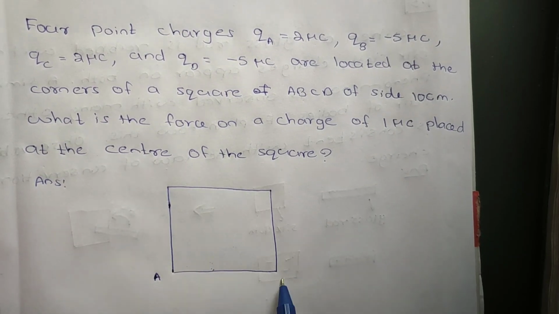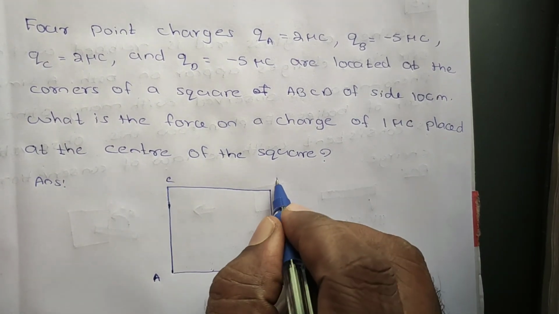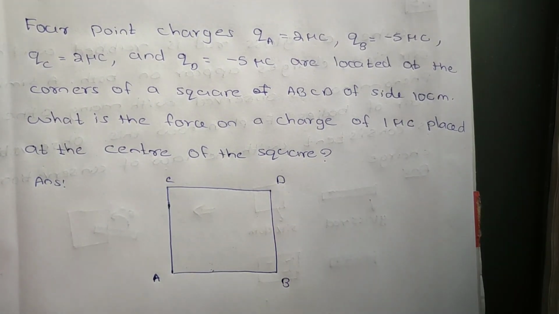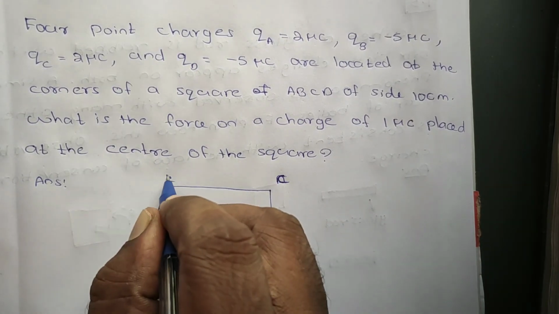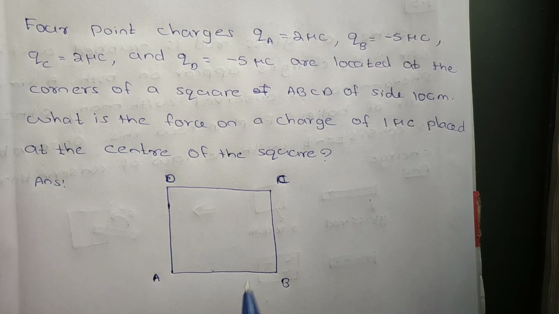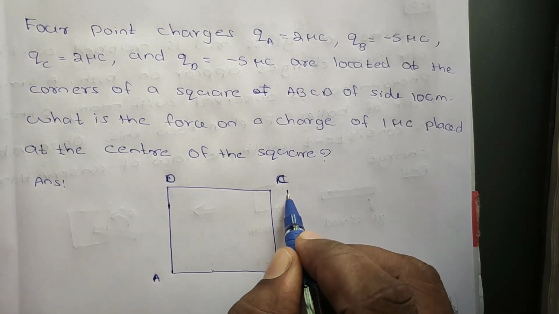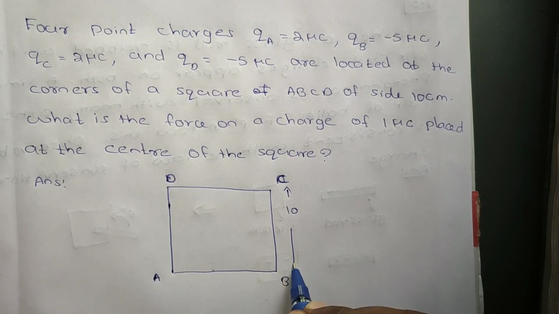So A, B, C and D. Clear? Sorry, here is the C and here is the D. So in this square ABCD, the side is 10 centimeter.